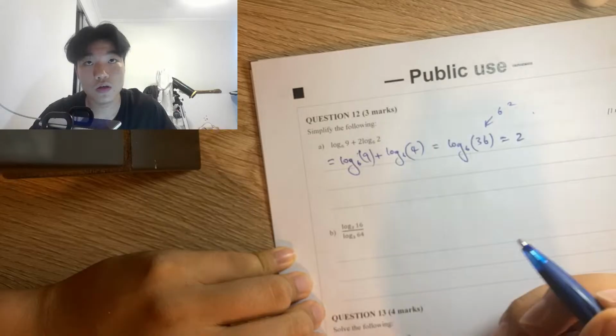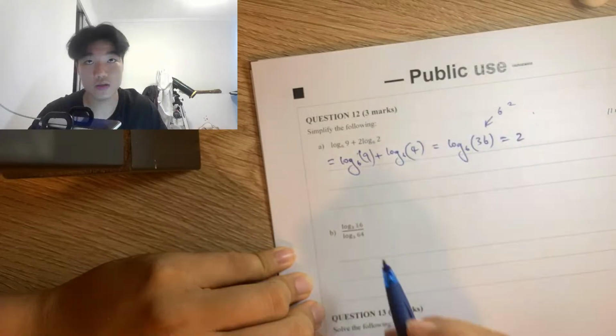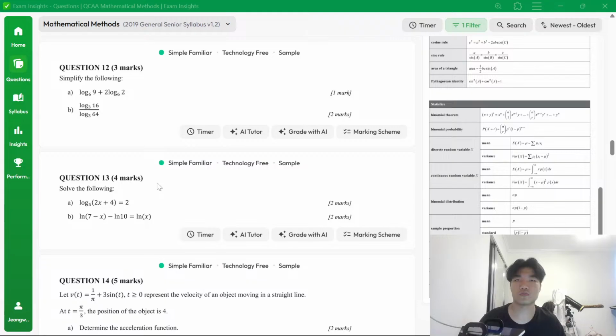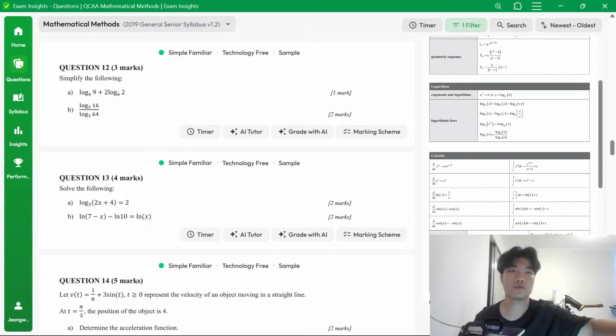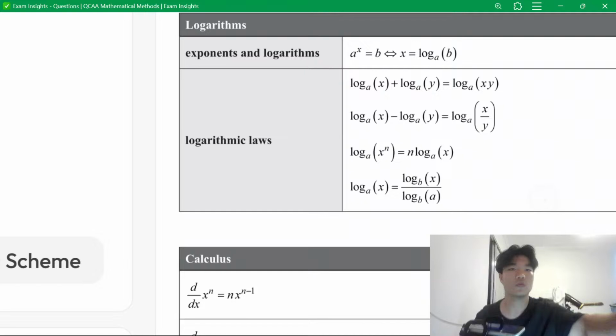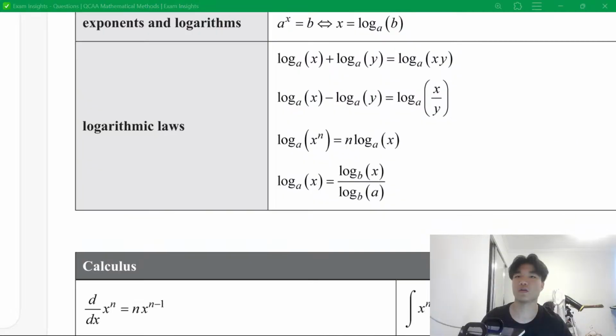Okay, so here we can actually use our change of base rule. I think this links to it. So we can see that log base a of x equals log base b of x over log base b of a, where b is some arbitrary base that you can choose.